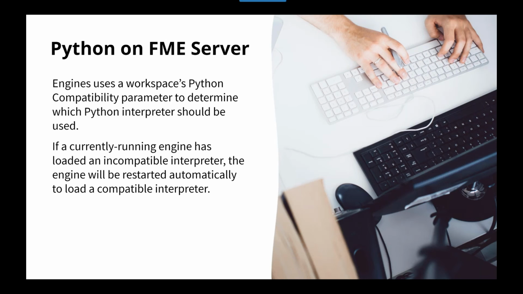For example, if the engine has been using Python 2.7 and it receives a workspace that uses Python 3, it will automatically restart to load Python 3.8. So no user action is required. It will be handled automatically by FME Server.